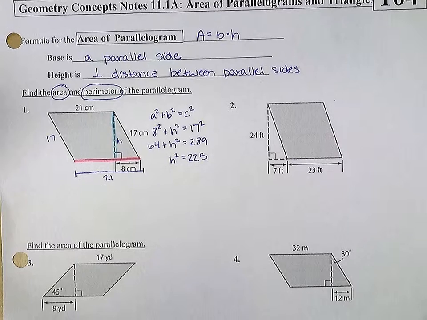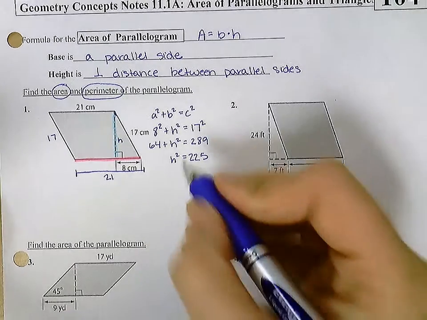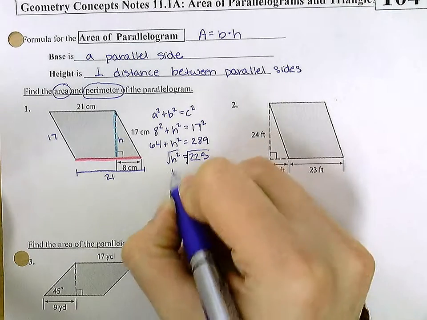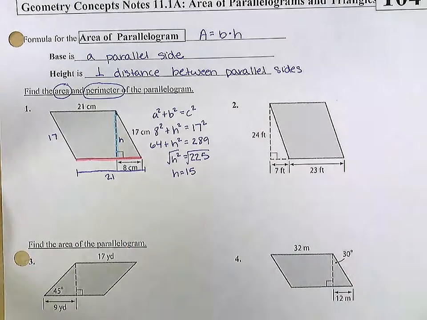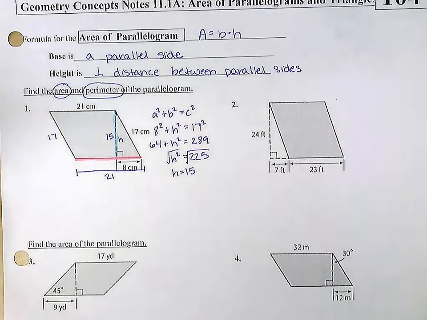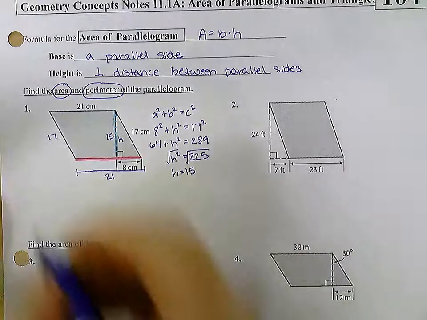Okay, h squared is equal to 225. Take the square root of both sides. H is equal to 15. So that h value is my height of this parallelogram. So now I have all the information needed to find the area and the perimeter of this figure.